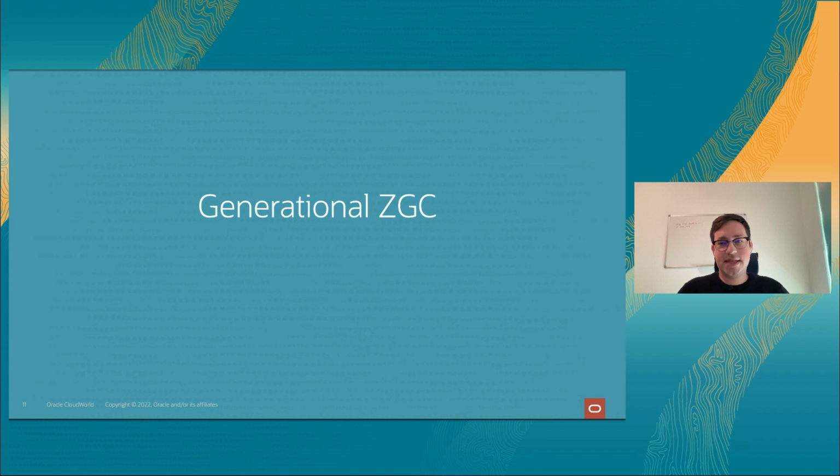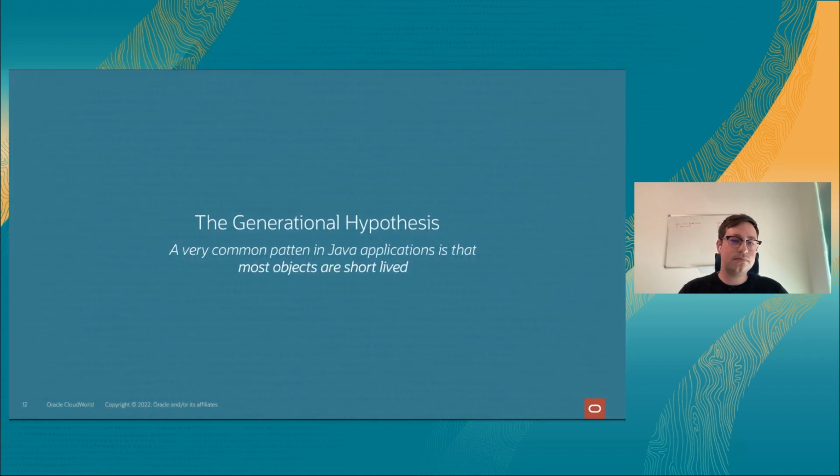It's a new version of ZGC that we call generational ZGC, where we try to do even better. The main thing we're trying to exploit here is the generational hypothesis. It's a very common pattern in Java applications that we are exploiting, that objects are typically short-lived, which means that most of the garbage is among young objects.